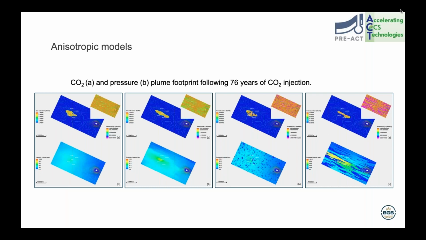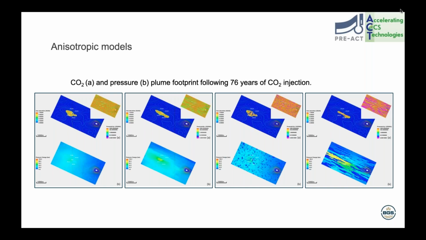And to complement these models, we also had a range of anisotropic models. These models are designed to produce a heterogeneous CO2 plume and pressure footprint. And the porosity distribution here was generated using random Gaussian functions based around the same set of statistics that we saw previously for the Bunter. What we see is various different elongate plumes that fill the topography in different ways.